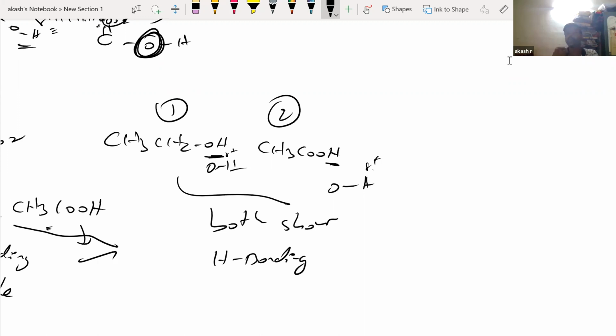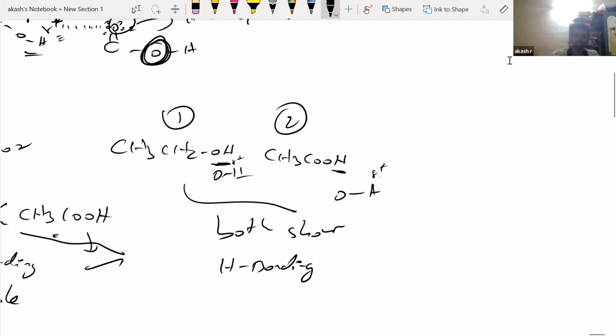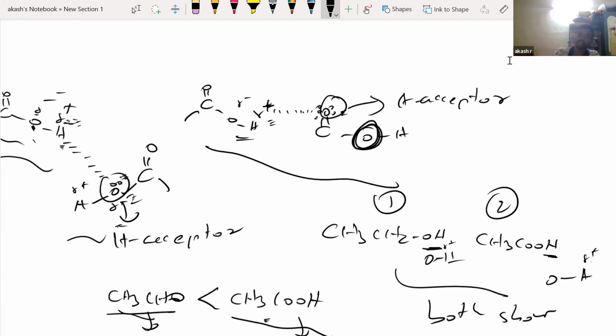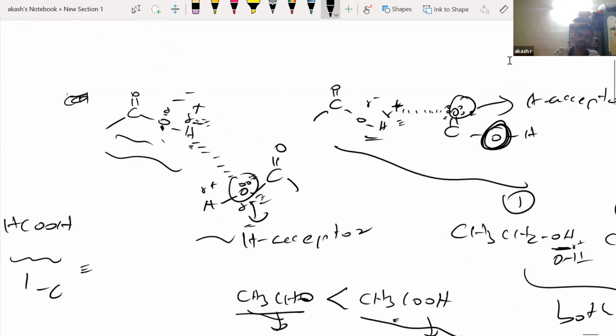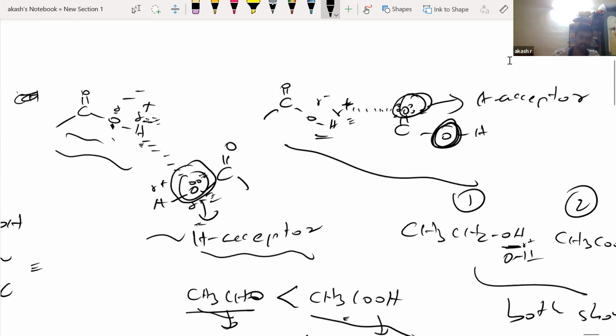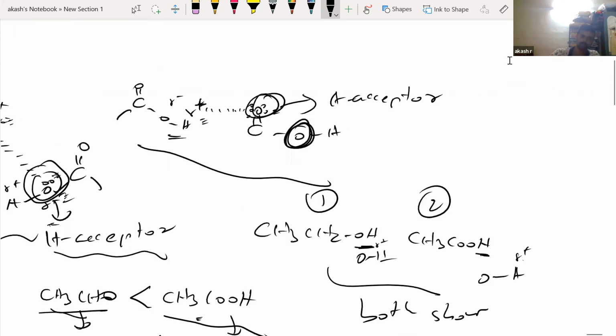But what about the hydrogen acceptor? Now you see here, there can be 2 hydrogen accepting sites: one coming from the OH oxygen, and the other hydrogen acceptor coming from the carbonyl oxygen, the C double bond O oxygen.